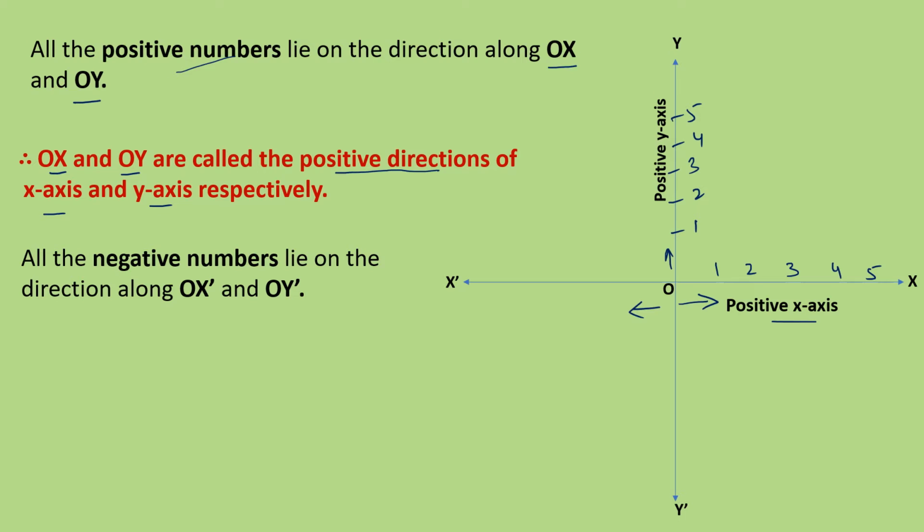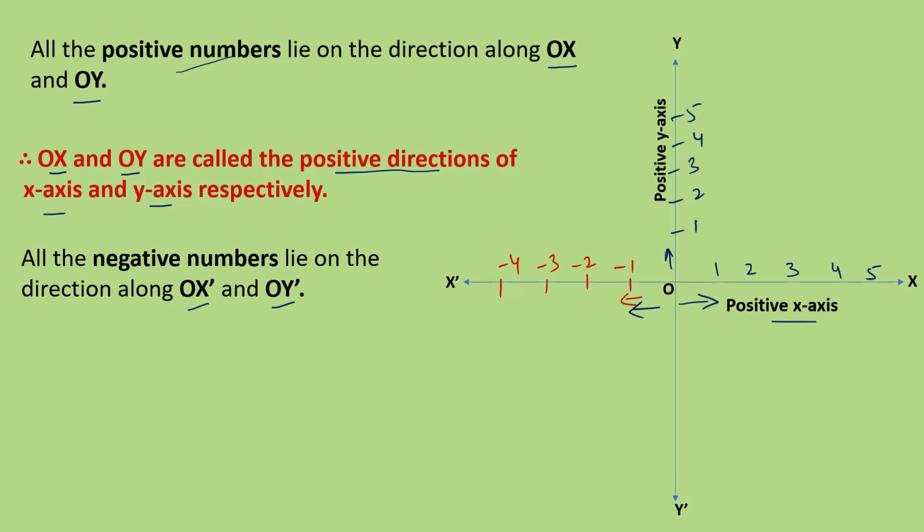Then all the negative numbers lie in the direction along OX dash and OY dash. If you see this direction OX dash, these are all negative numbers: -1, -2, -3, -4, and so on.